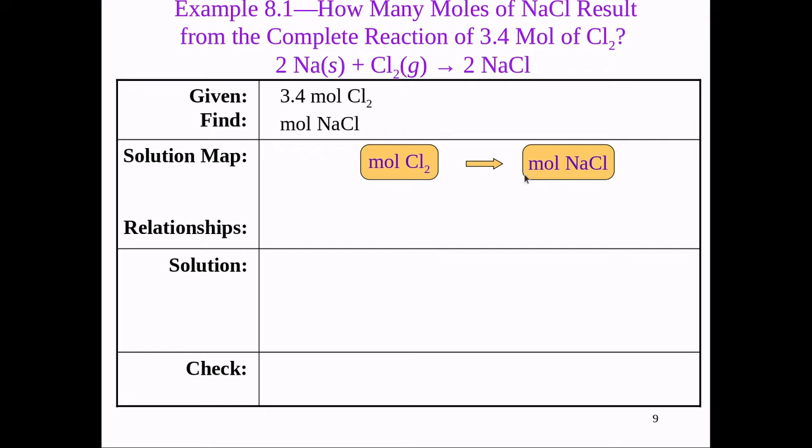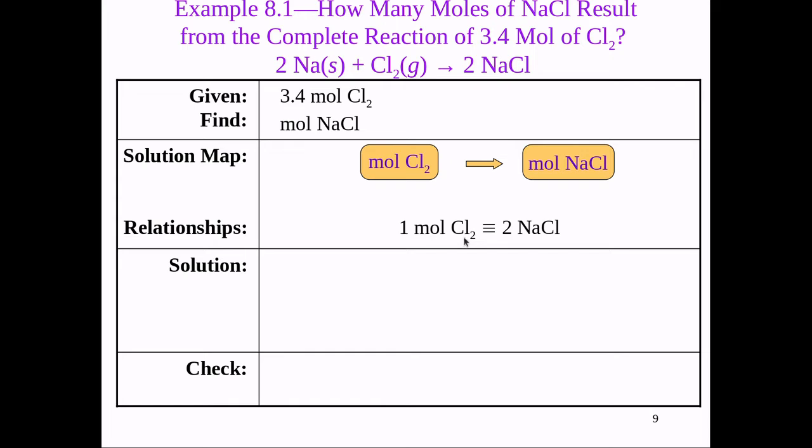Our solution map here is going to be to go from the moles of chlorine gas to the moles of sodium chloride. What we need to know is the relationship between those two. We have this presumed 1 right here, and we know that that's going to produce 2 of the sodium chlorides.